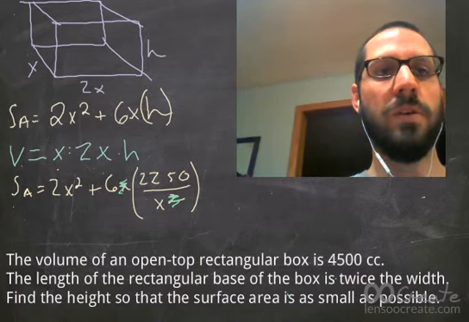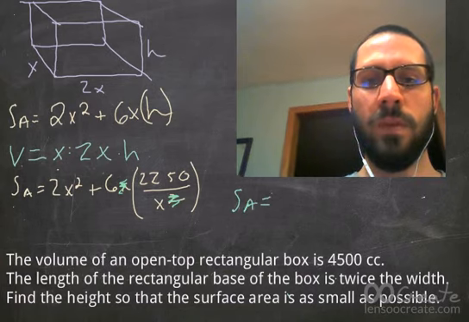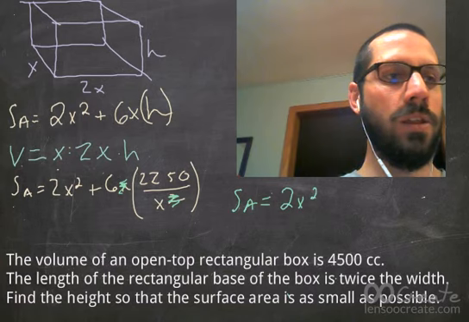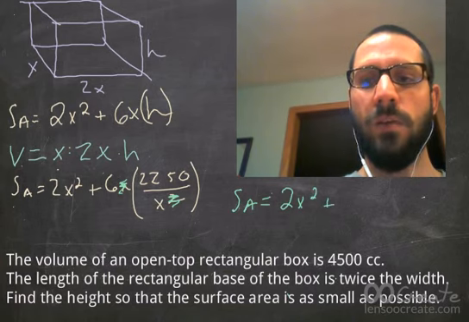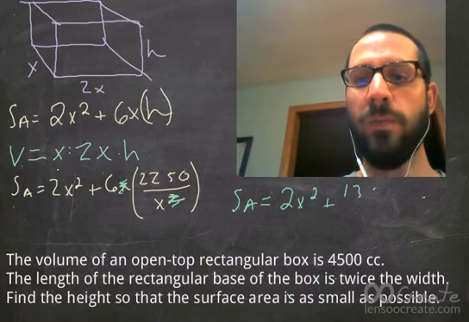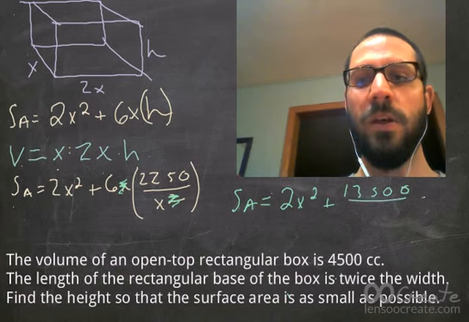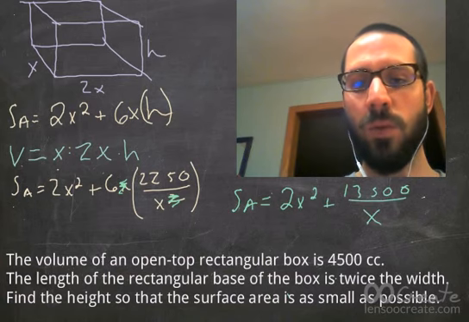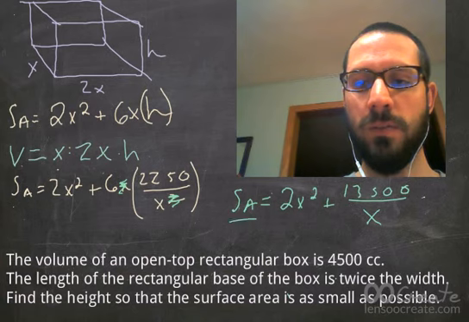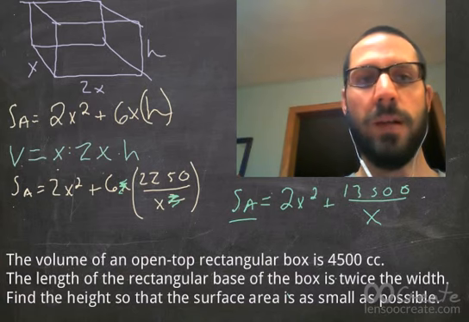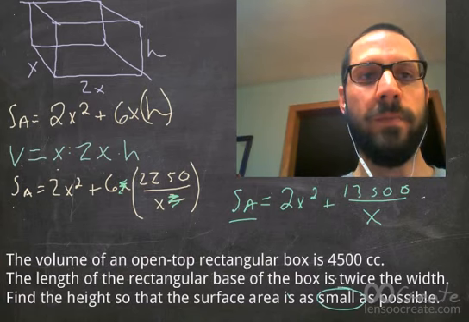So then we've got surface area equals 2x squared plus 13,500 over x. That's our one equation that we want to minimize with one variable.